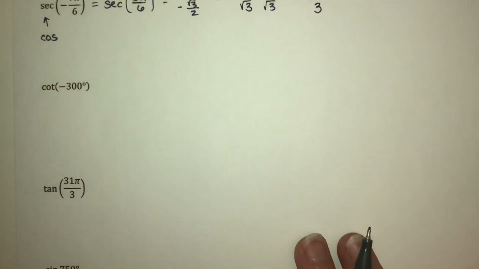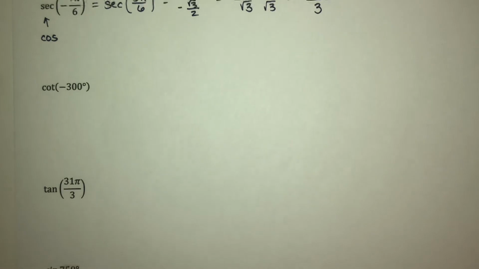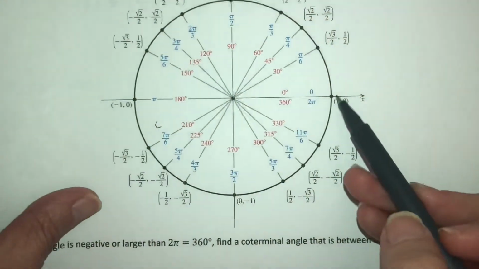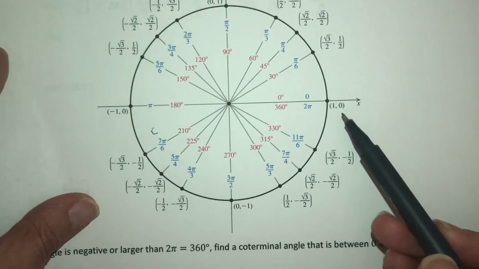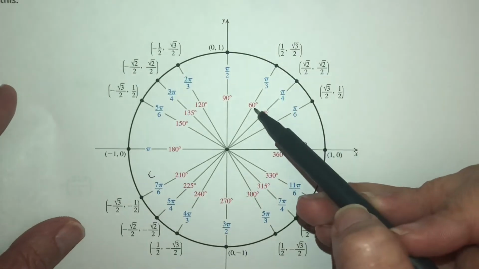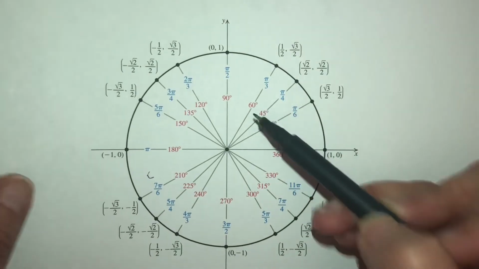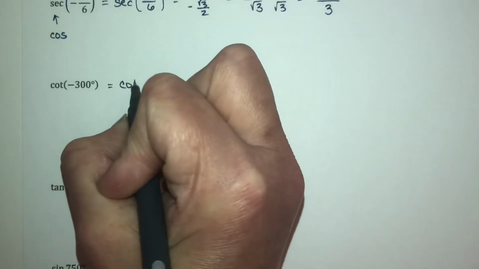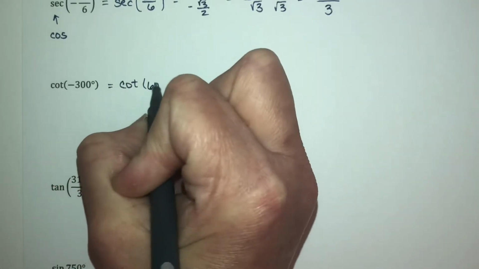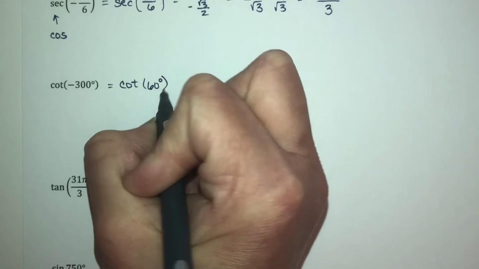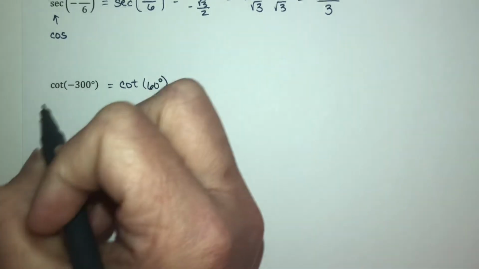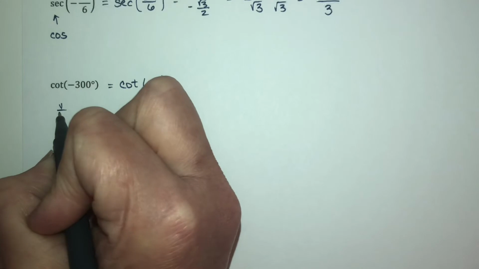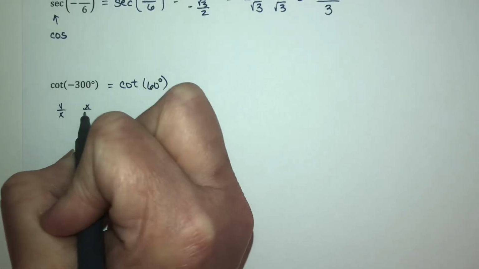Now, cotangent of -300. -300 is, if I take 360 and subtract 300, that puts me at a 60-degree angle. So I'm really looking for cotangent of a 60-degree angle. And remember, tangent is y over x, so cotangent is x over y.